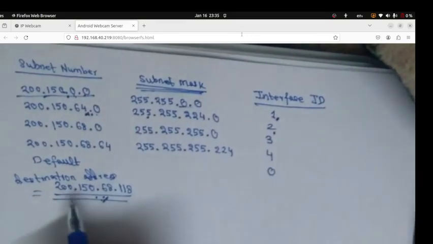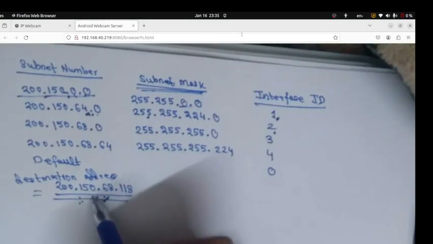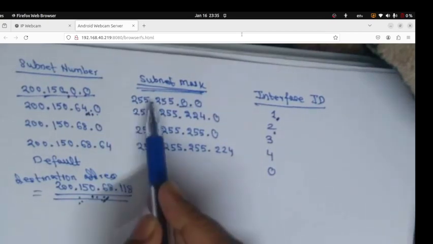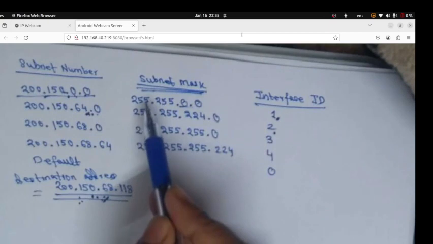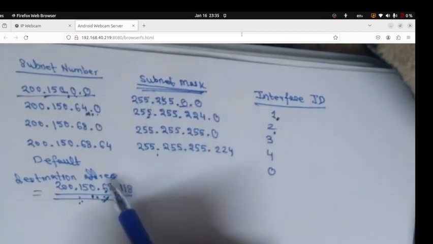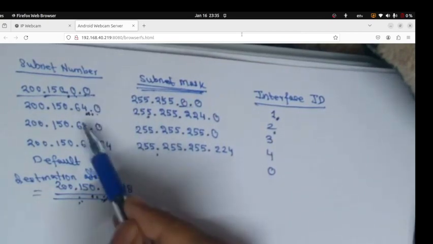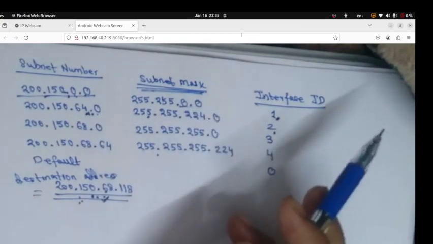First of all, I have the destination address, but I don't know which network this packet is destined for. So I have to do the bitwise AND operation with each of the masks. If after the AND operation the result matches any of the subnet numbers, then the corresponding interface will be chosen.